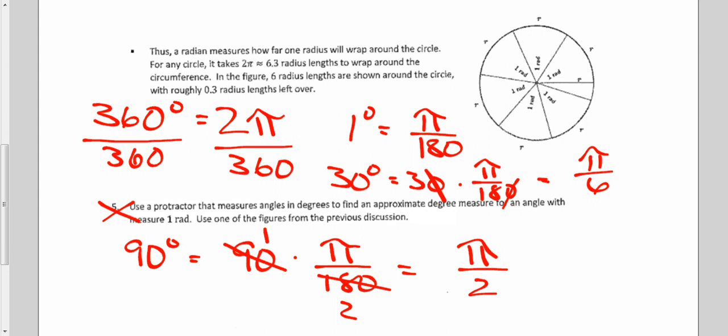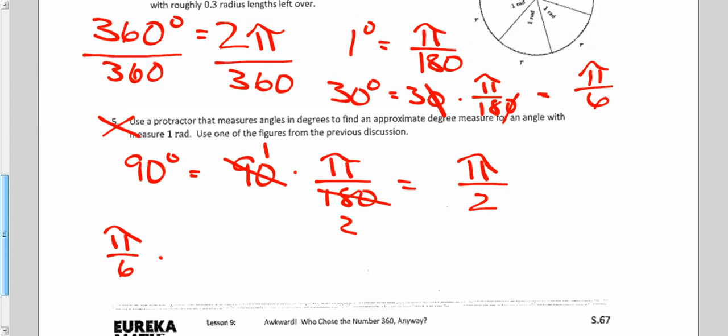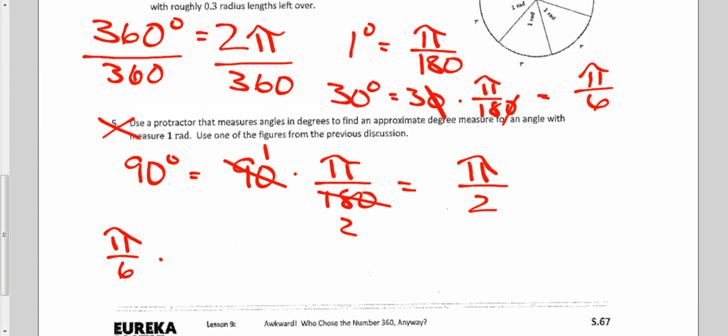How do I undo times pi over 180? So if I got pi over 6 radians, what do I multiply it by to get me back 30 degrees? Well, remember, I times by pi over 180. How do I undo times pi over 180? What's the opposite of timesing? Dividing. Dividing by pi over 180, right?